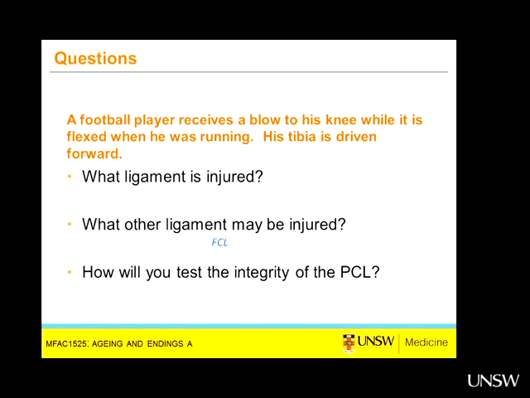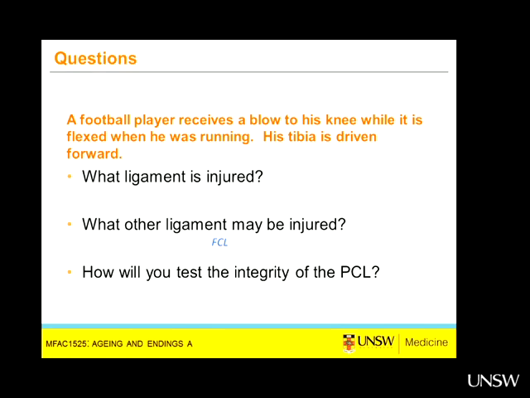Oh, that sounds painful, but what is the answer? Which ligament is going to be injured? Which ligament prevents anterior displacement and which ligament prevents posterior displacement?